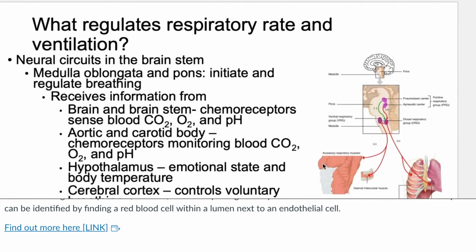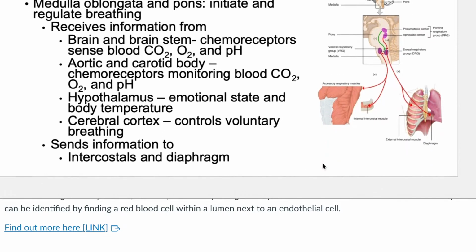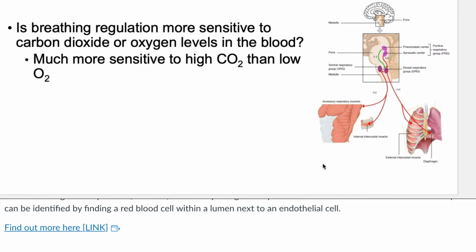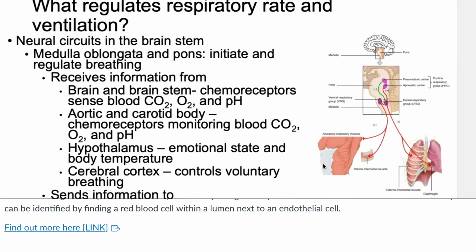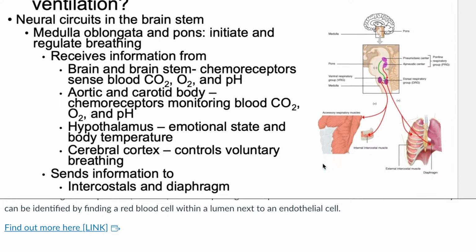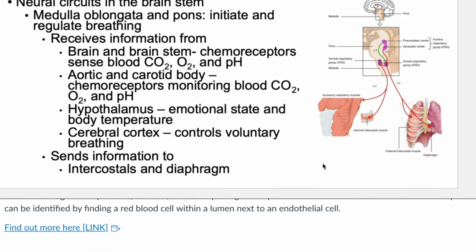So yeah, what regulates respiratory rate and ventilation? Neural circuits in the brain. So medulla oblongata and pons initiate and regulate breathing. This makes sense because the medulla oblongata is responsible for communicating with the whole body, since it's connecting to the spine.